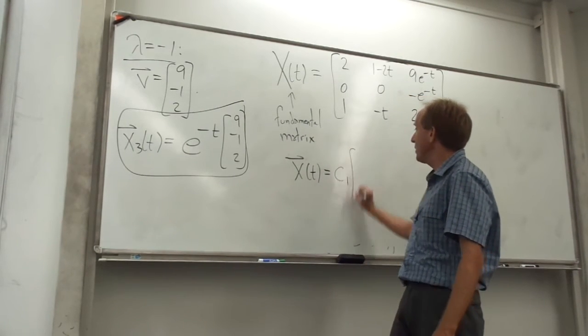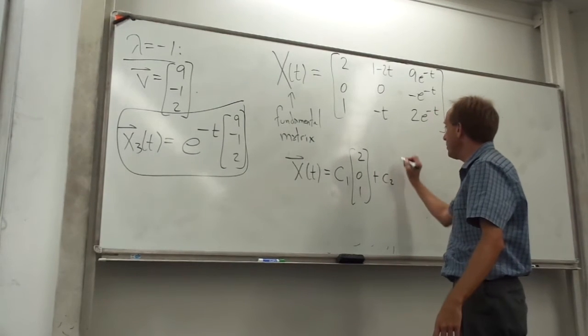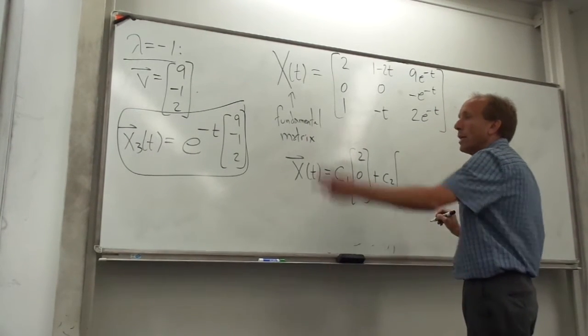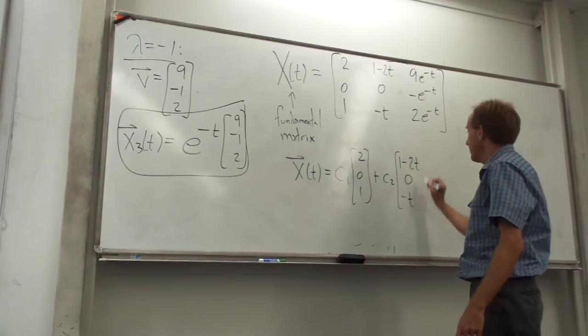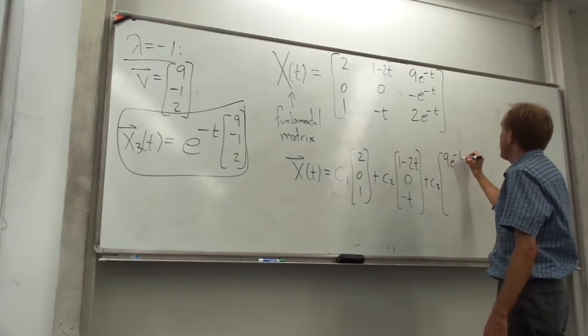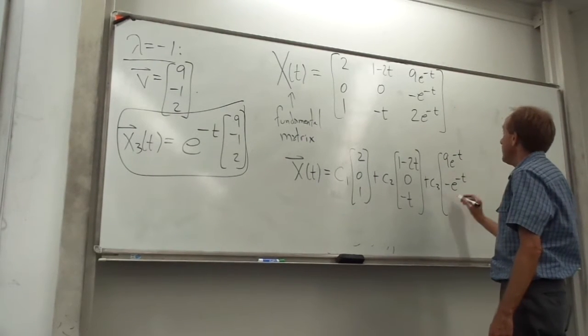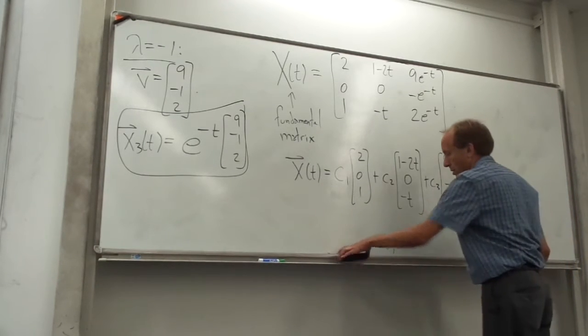So C1 times 2, 0, 1, plus C2 times the second solution, 1 minus 2t, 0, and negative t. And then the third solution, 9e to the negative t, negative e to the negative t, and 2e to the negative t.